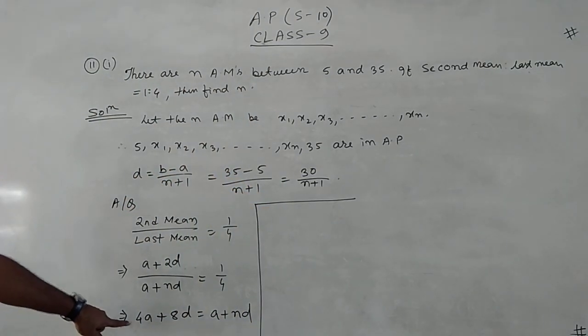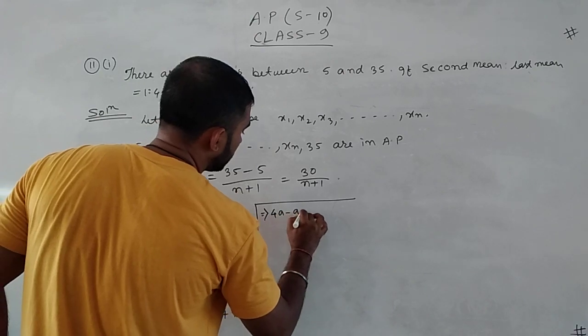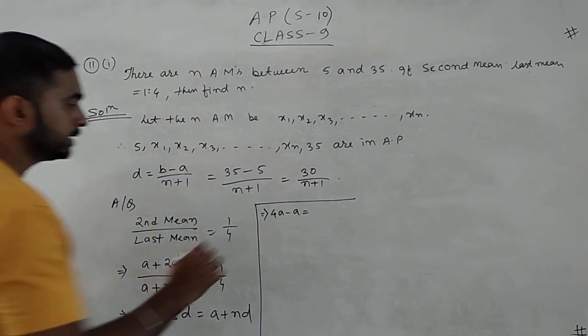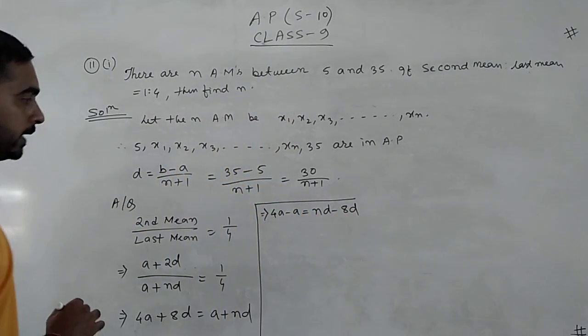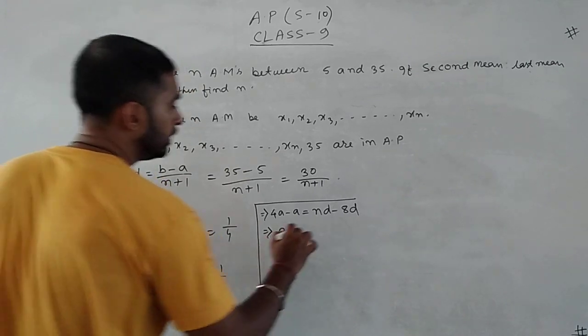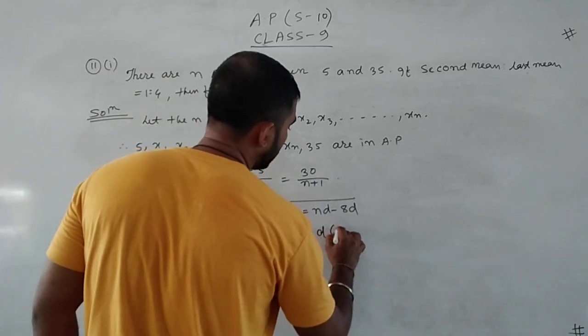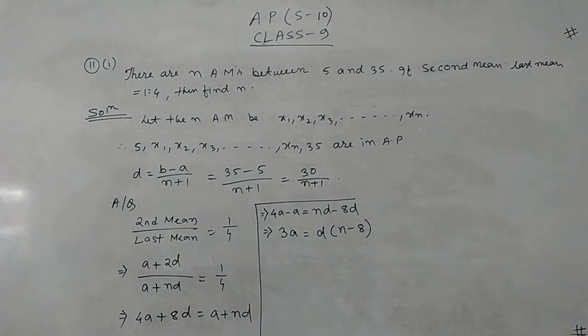Next, 4A minus A equals nD minus 8D. Now 4A minus A equals thrice A. Here D is common and minus 8.